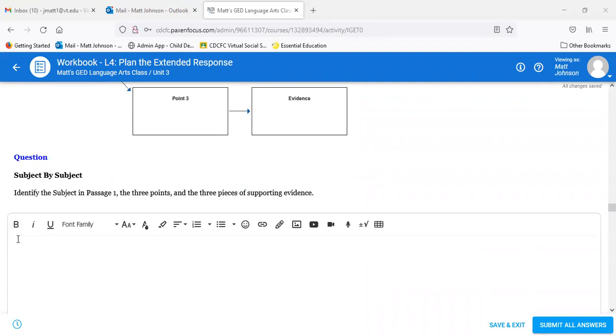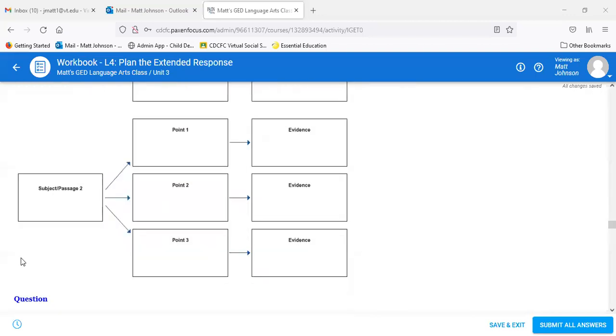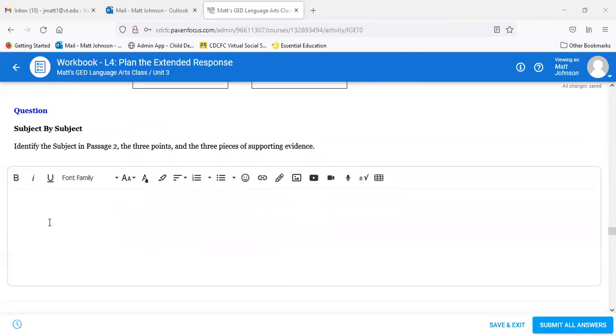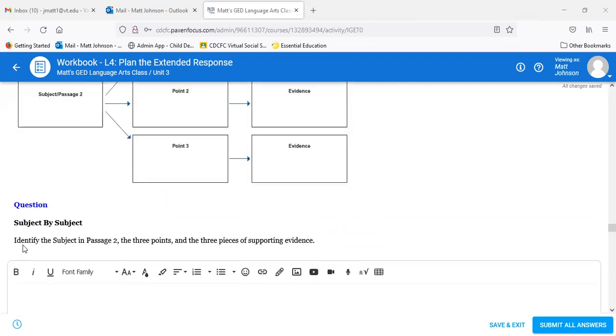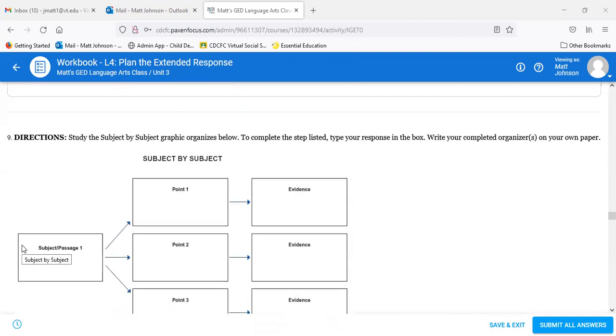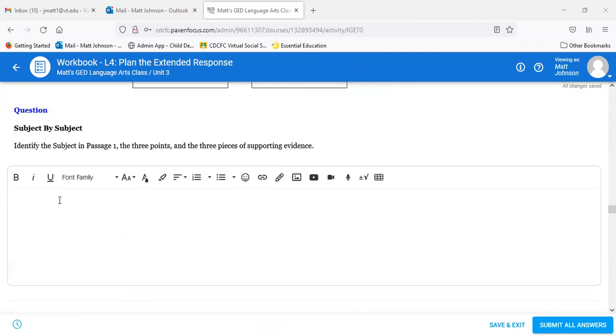It says identify the subject in passage 1, the 3 points and 3 pieces of supporting evidence. And for 2, identify the subject in passage 2, the 3 points and the 3 pieces of supporting evidence. So we'll fill this out looking at Cliff to start with.